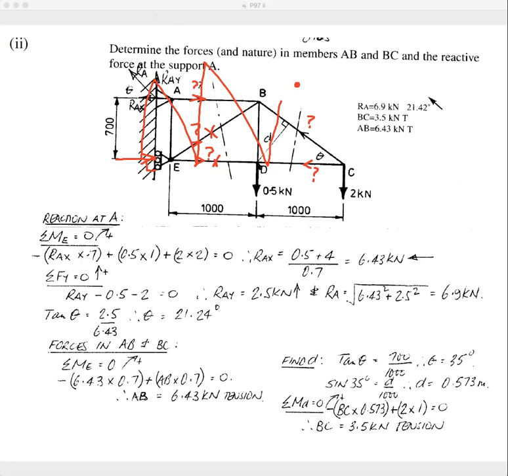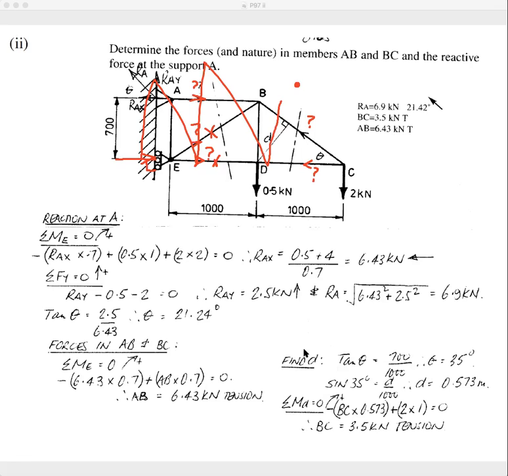So if you take moments about D, and you've got to find that perpendicular distance, because a moment is force times perpendicular distance, you'll be able to find the force in BC. And I'll show you that you can use the method of joints with this too. I'll show you that in a moment. So you find out what theta is there, which is 35 degrees, and then you can easily find out what D is there.